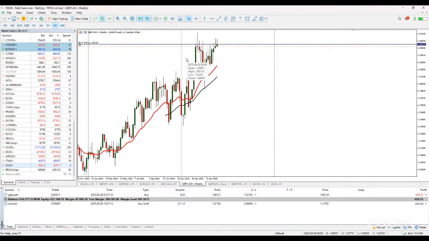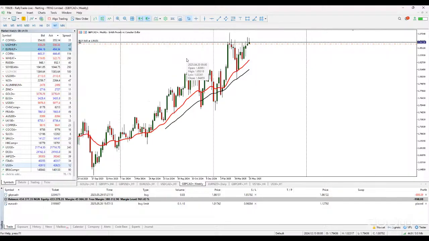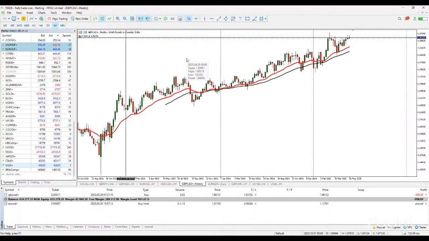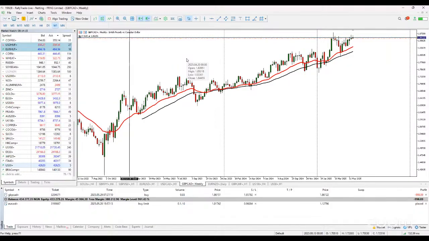On GBP/CAD, the network is very slow. Okay. On GBP/CAD, we are seeing a bullish movement over the past months. But when I tell us it's bullish, it doesn't mean that markets will be going in a straight line.